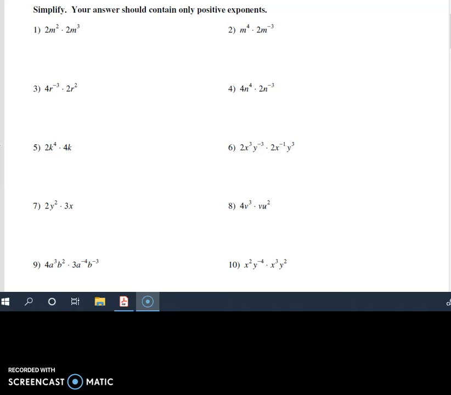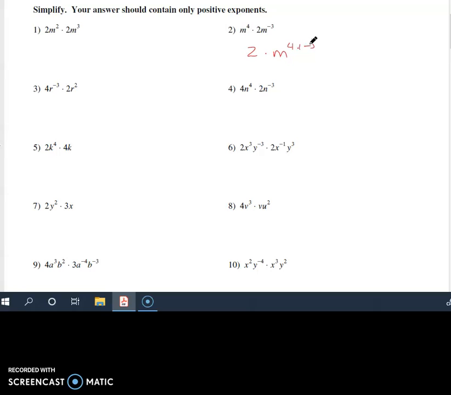So in the first problem, we have two bases, a 2 and an m. With the 2, there's only one 2. There's no other 2's that we're going to be multiplying to that. So 2 stays the same, and then the exponents on the m's get added.